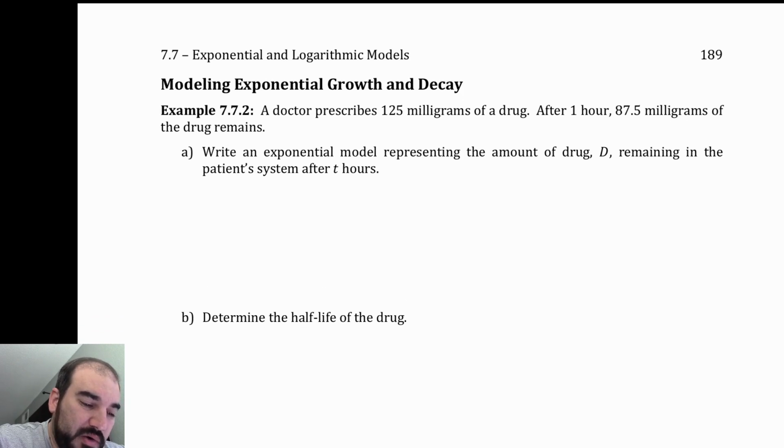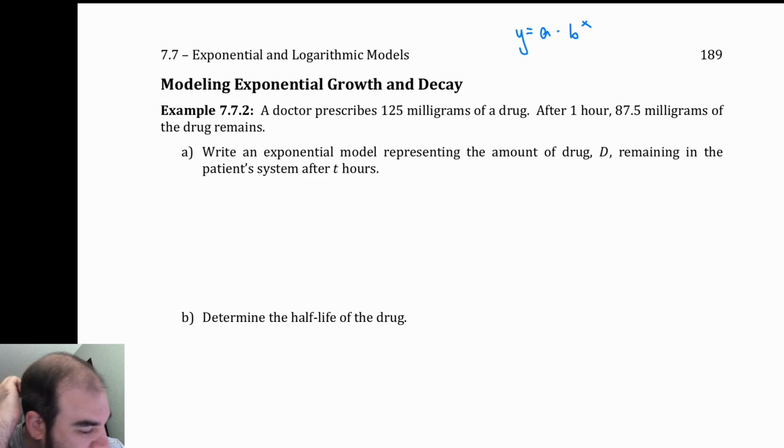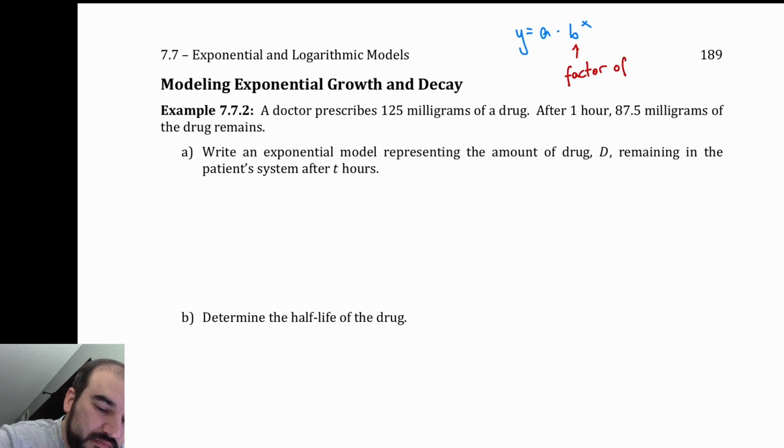Now, these are going to be exponential models, which means our standard exponential equation is y equals a times b to the x power. This is from earlier in the chapter. We know what an exponential function looks like, and it has these parts, so we'll label these parts. b is the factor of growth or decay.